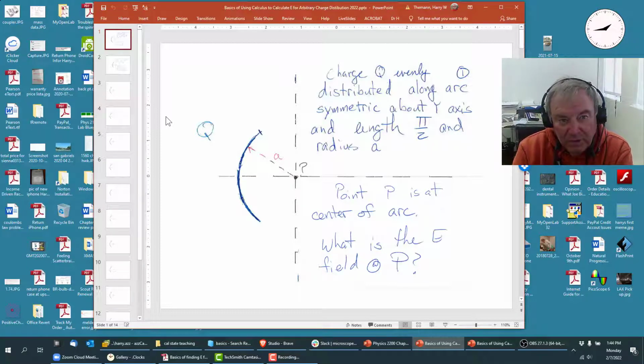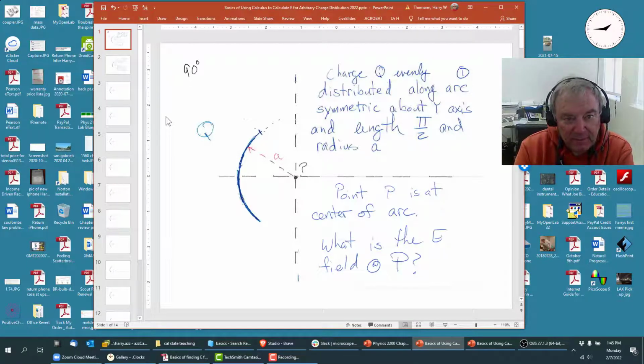So our charge in question is a line charge, and it's on a circle. The radius of that circle, if you think of this imaginary line, a circle drawn, is a, and it has a total length of pi over 2, which is 90 degrees.